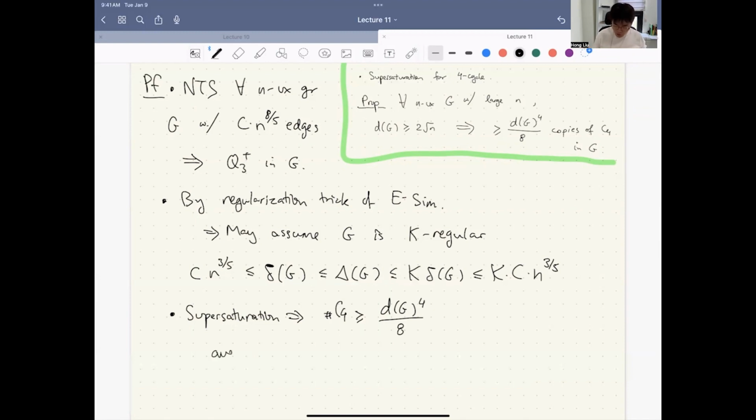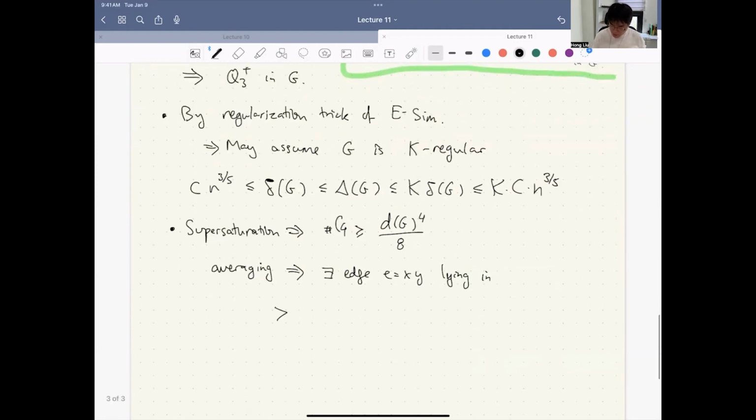So averaging implies there is an edge, let's call it xy, lying in at least how many? The number of C4 divided by the number of edges, which is at least d(G) to the 4 divided by 8. The number of edges is n times d(G) divided by 2.